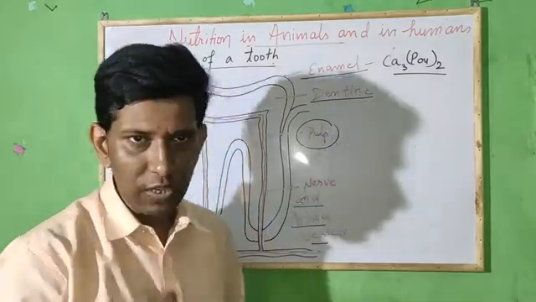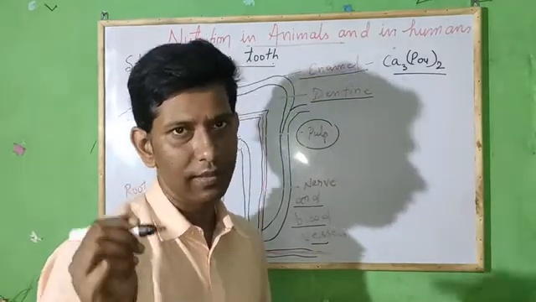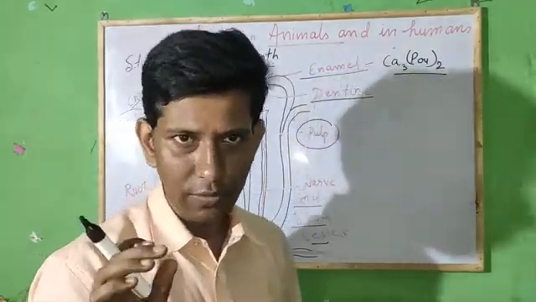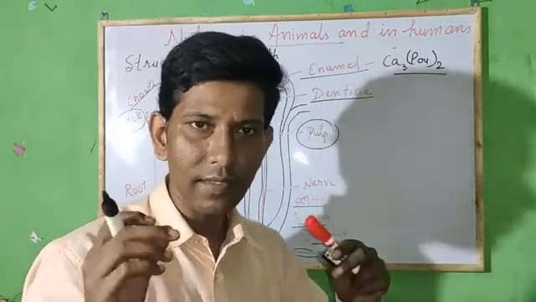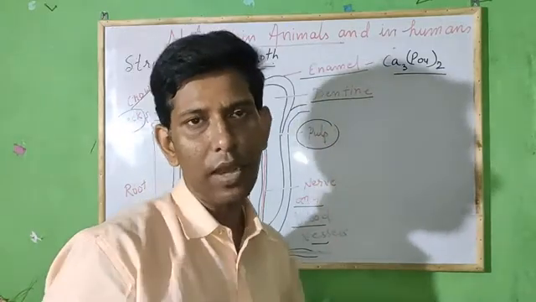So if any damage happens to a nerve or blood vessel, then we feel toothache. Clear? So we should be very careful with our teeth, because it is the only gift given by God, or you can say nature.